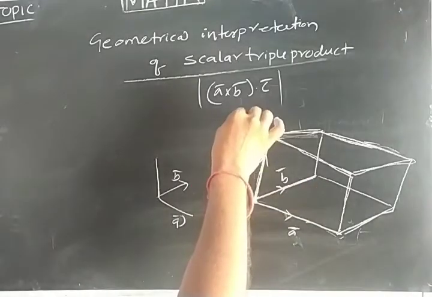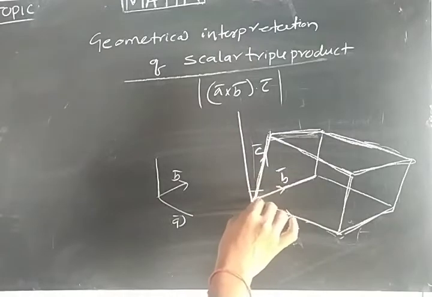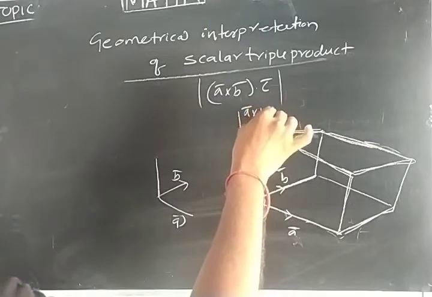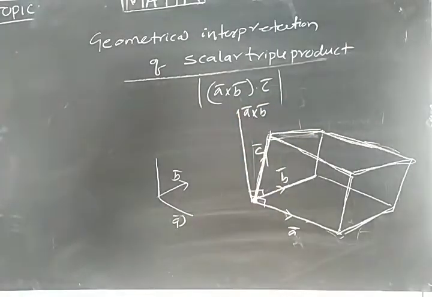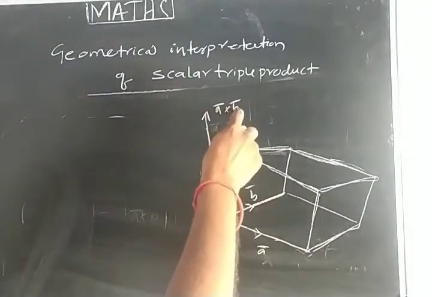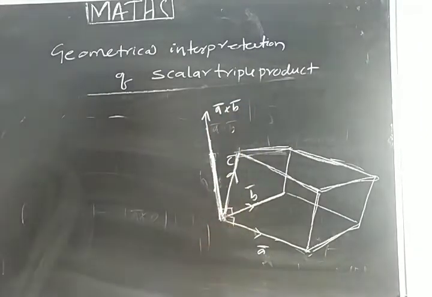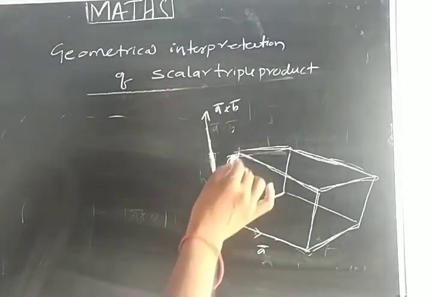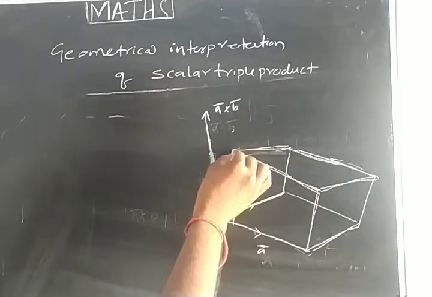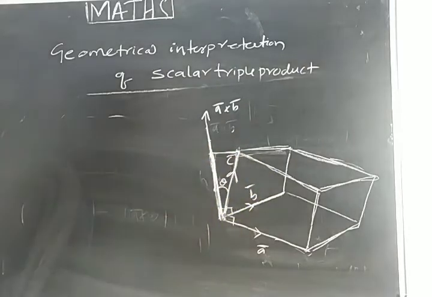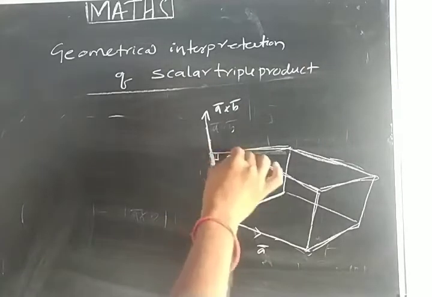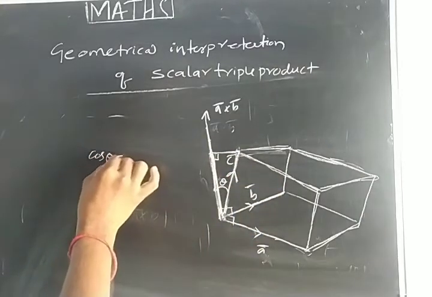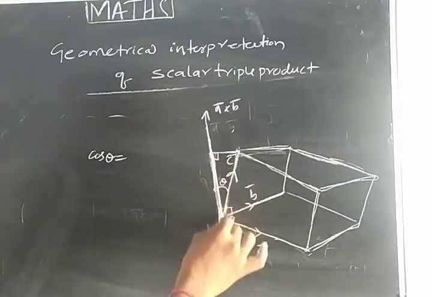So I will draw it like this, perpendicular to B and also perpendicular to A. So this will be A cross B bar. Now A cross B bar is perpendicular to both B bar and A bar, and it makes some angle theta with C bar. Suppose from this corner I draw a perpendicular to A cross B bar. Here this is 90 degrees. In this triangle I apply cos theta. Cos theta equals adjacent over hypotenuse. What is the adjacent here?